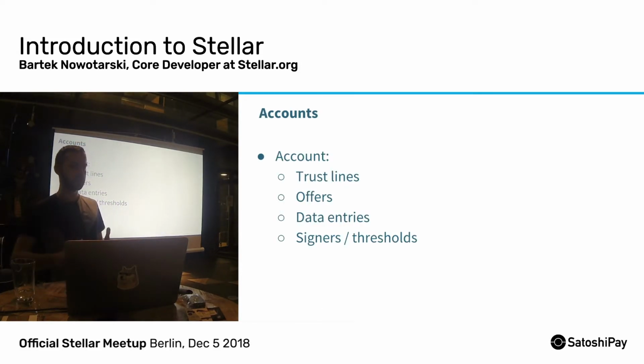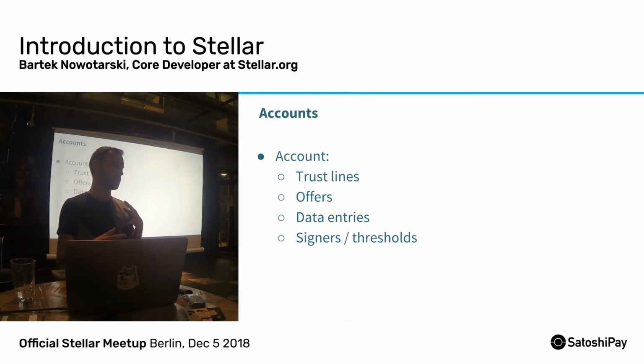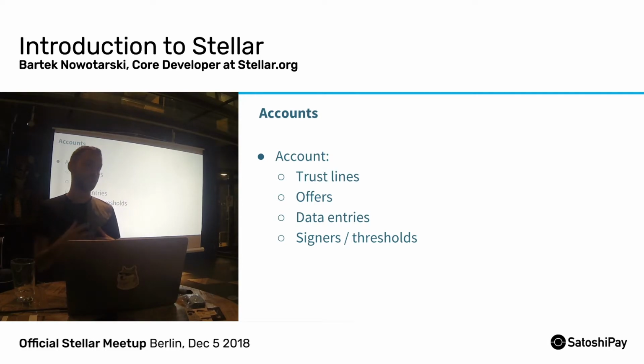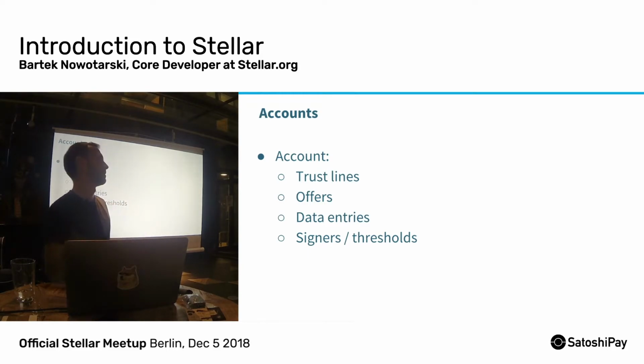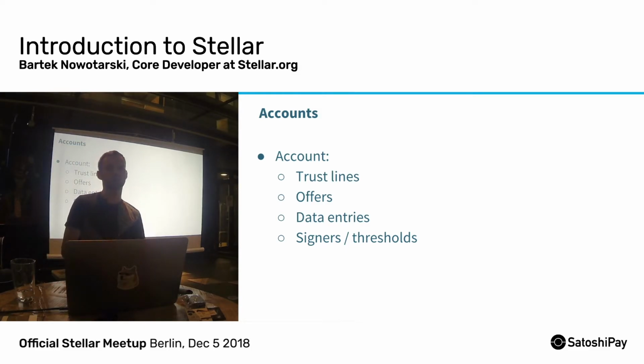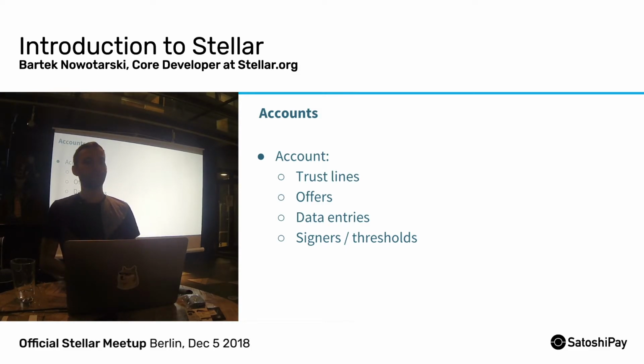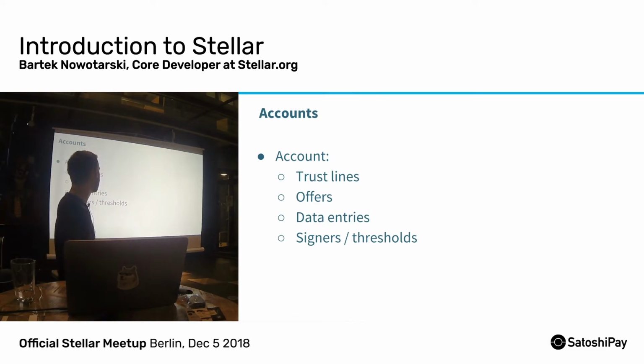Next, we have accounts. Accounts are the main structure inside the ledger, and every other object that you can find in the ledger is associated with a given account. Accounts are identified by the public key of the cryptographic keypair, and an account can have some entries.